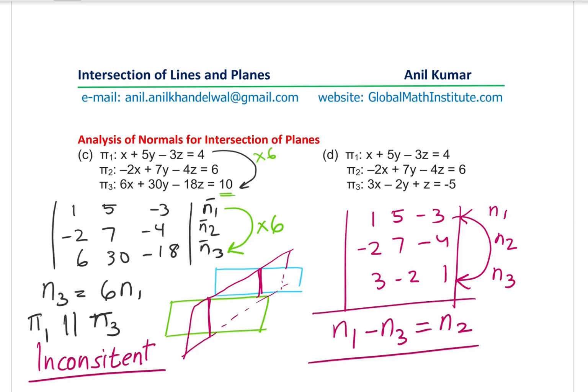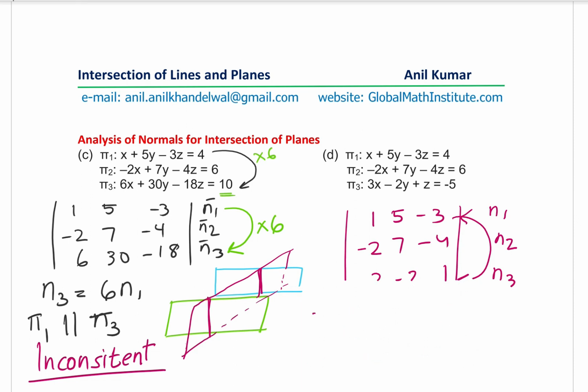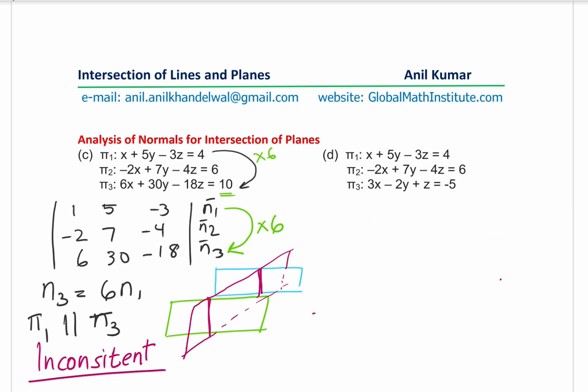And then let us also analyze what happens to the scalar triple product. So we'll actually calculate the scalar triple product and get back to where we were. So let me write down: 1, 5, minus 3; minus 2, 7, minus 4; 3, minus 2, 1.